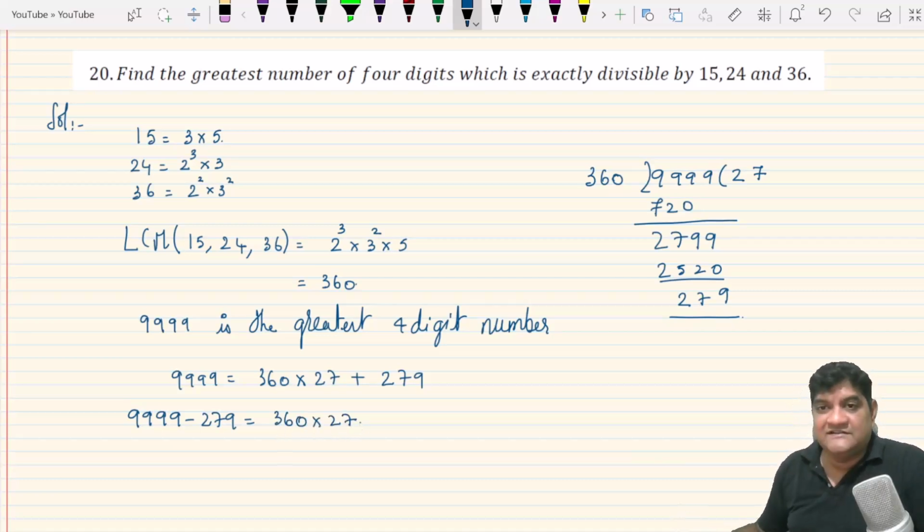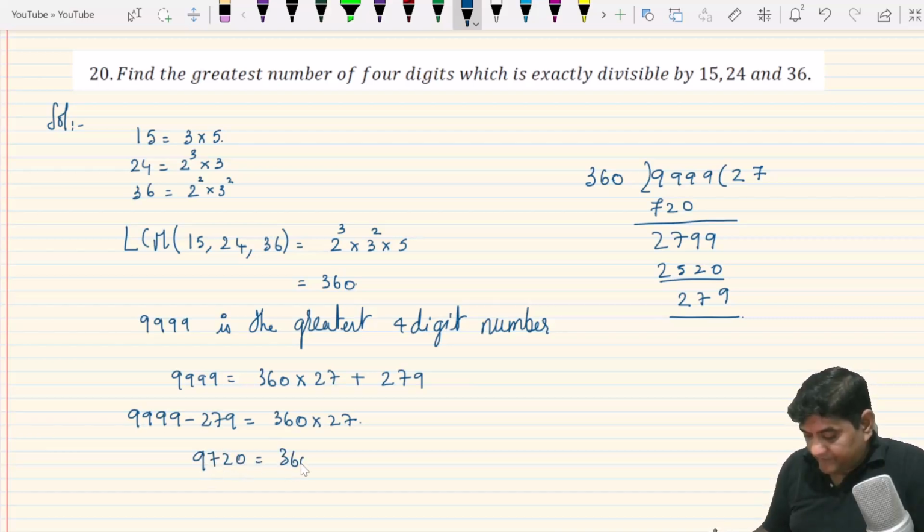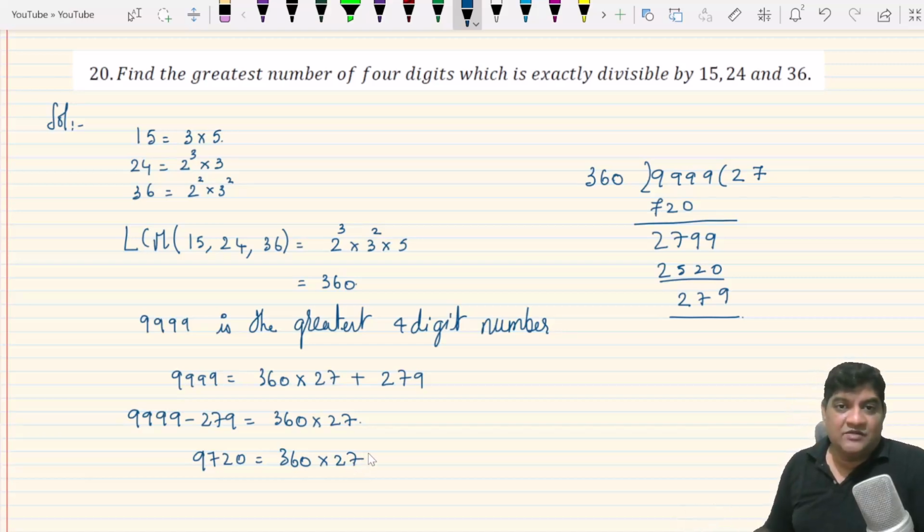So how much is this now? 9,999 minus 279. And that's going to give you 9,720. Therefore, the required number is 9,720. That is it.